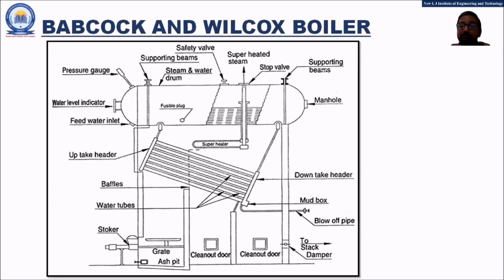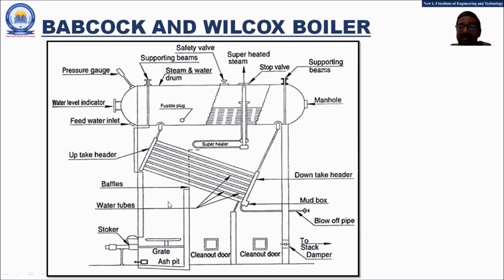Moving further, if superheated steam is required, then that steam is further transferred to this section, that is the superheater. In the superheater, again, the steam will be heated, the temperature will be increased by the hot gases, and now the superheated steam will be removed from the boiler.